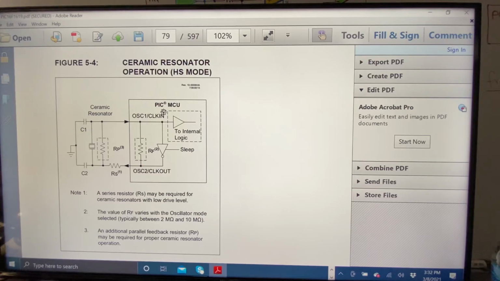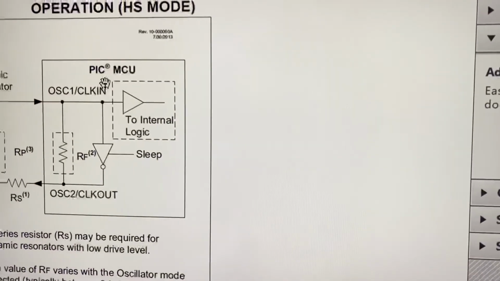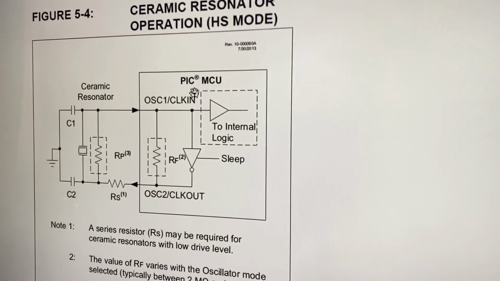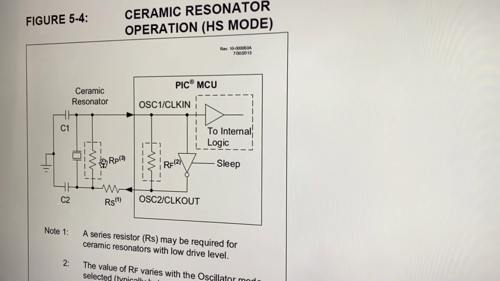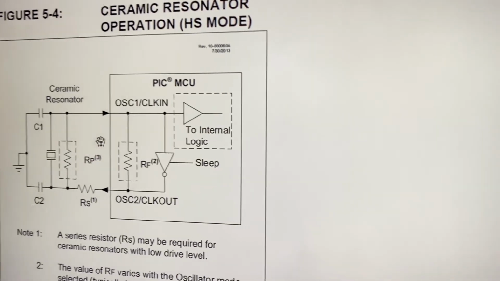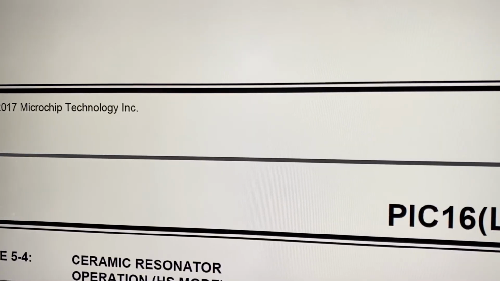If you're willing to work with a ceramic resonator, figure 5.4 shows you the way to connect the ceramic resonator with 2 capacitors, a series resistor, and a parallel resistor. You can check those values there, and that's for a ceramic resonator.